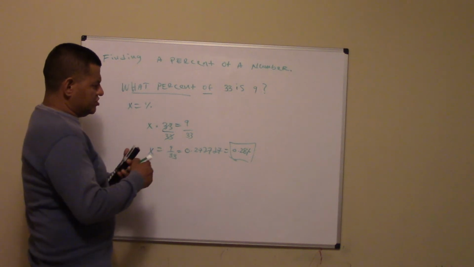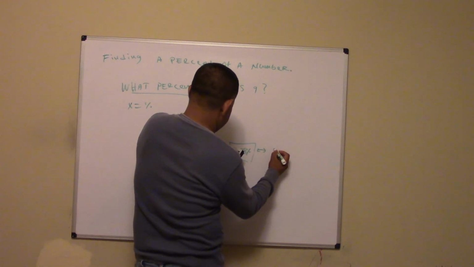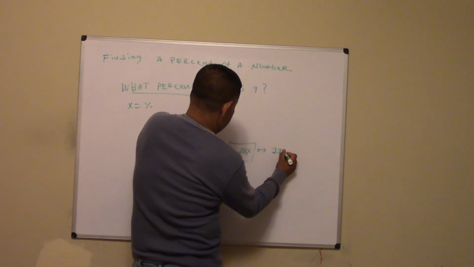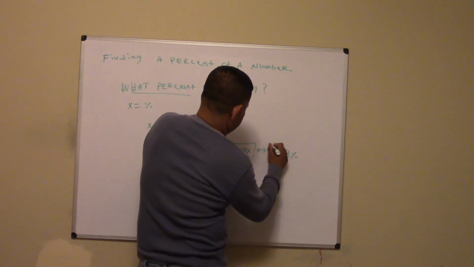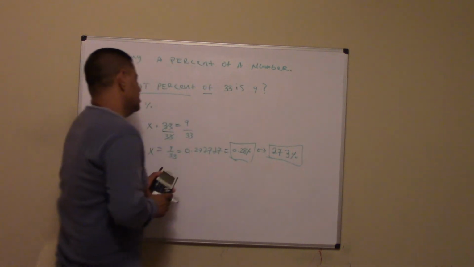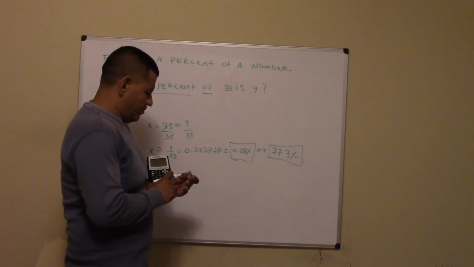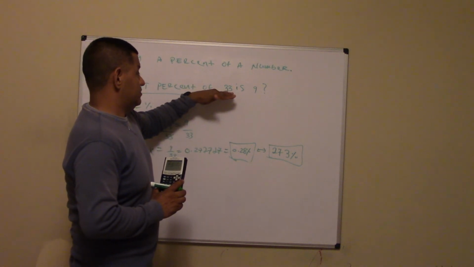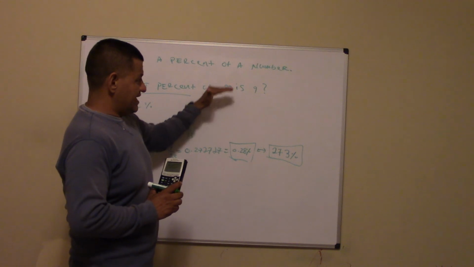You can also write this down as 27.3%. So this is how you find a percent of a number when the numbers are given. What percent of 33 is 9?